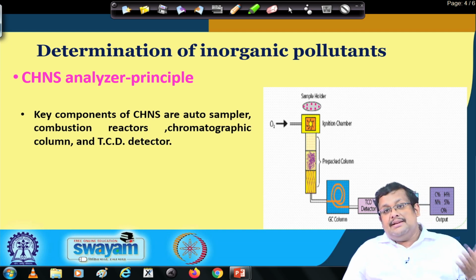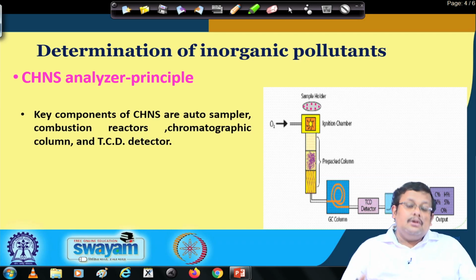So, if there is a budgetary constraint, people generally go with the Kjeldahl method instead of CHNS analysis, because CHNS analysis is costly. Although it is accurate, although it is precise and requires less time, it is costly, and also the consumables, specifically the gases, are very costly in nature.